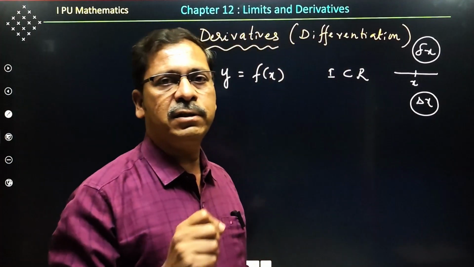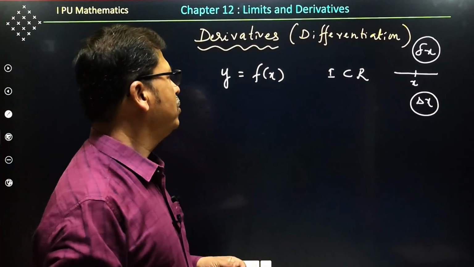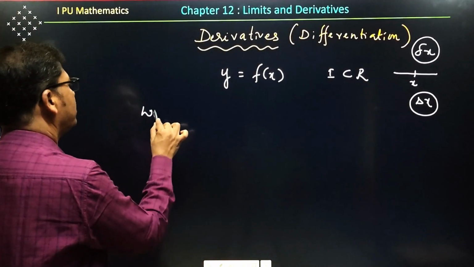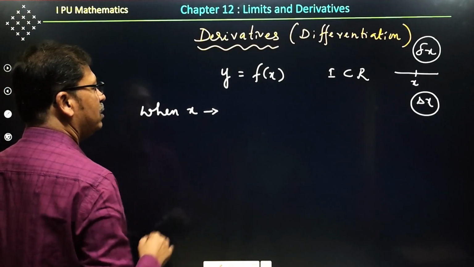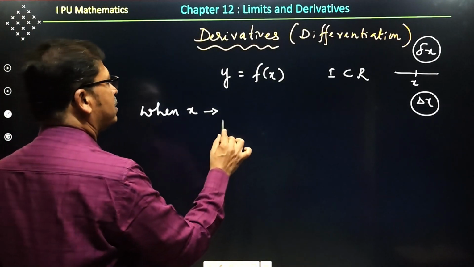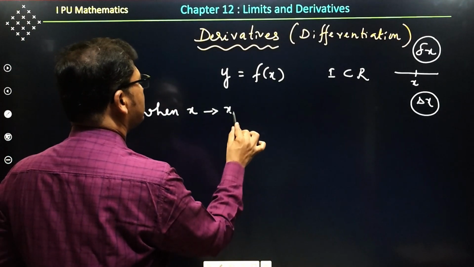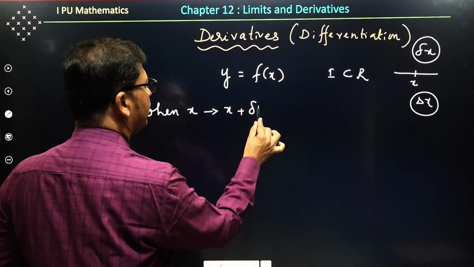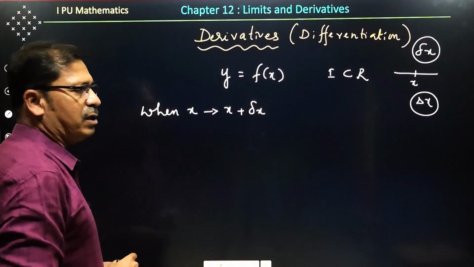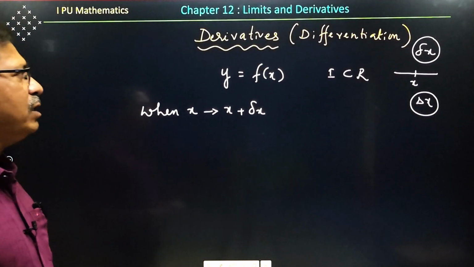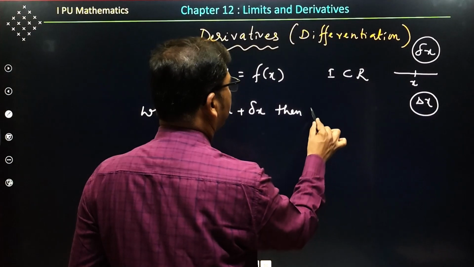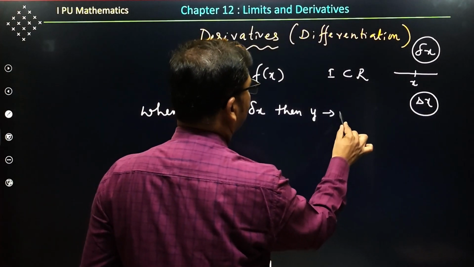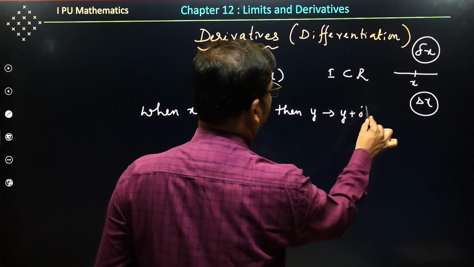The change in x is represented as delta x. So x changes to x plus delta x. There is an increment in it. Then there is a corresponding change in y. That change can be written as y changes to y plus delta y.